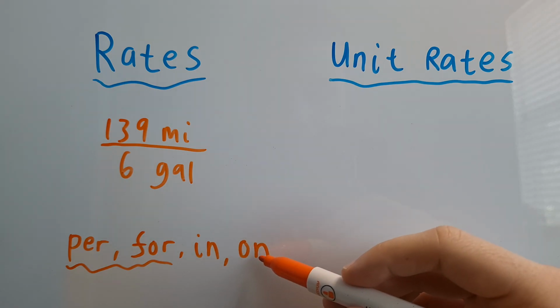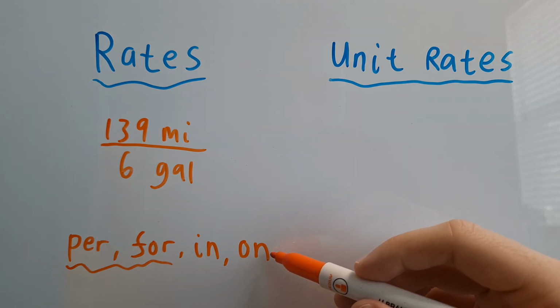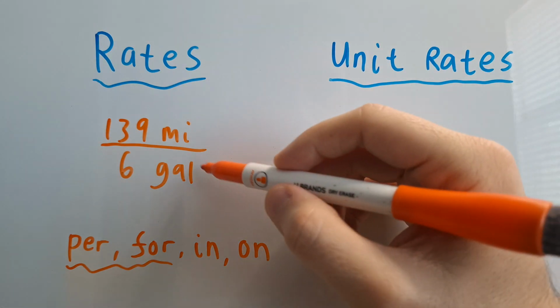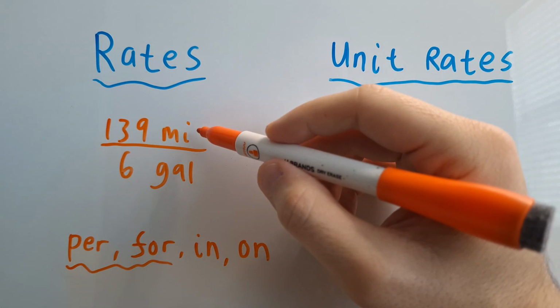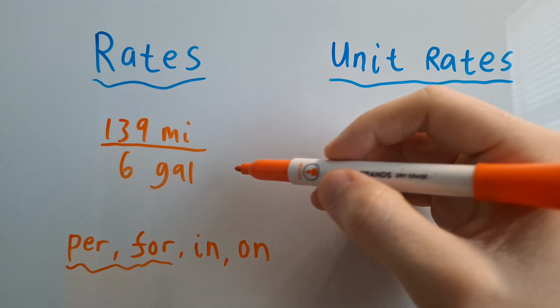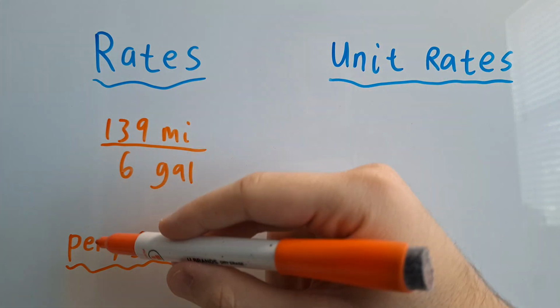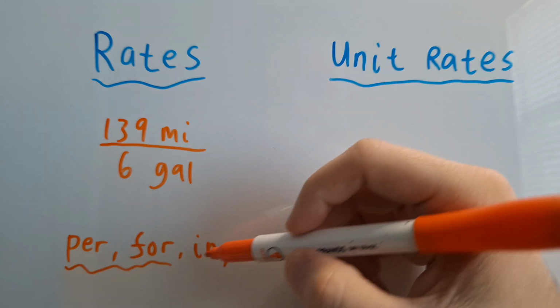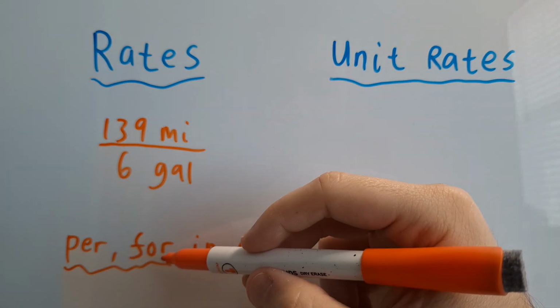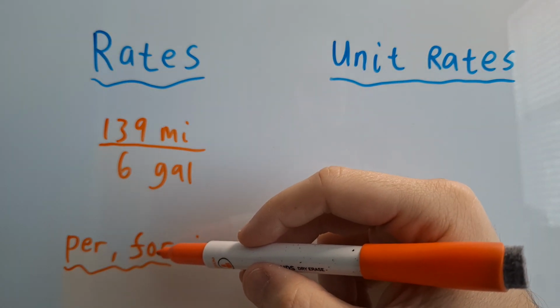An example for on could be 263 miles on 13 gallons of gas. We can use that example for this one too, 139 miles on 6 gallons of gas, or you can word it off of these 4 ways, but again, the most common forms are per and for, to let you know that you're working with rates.